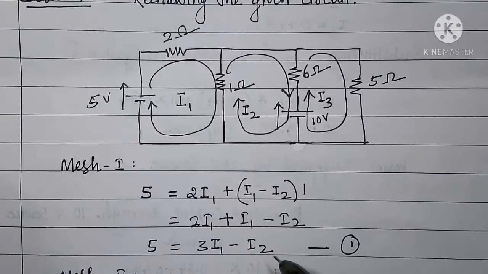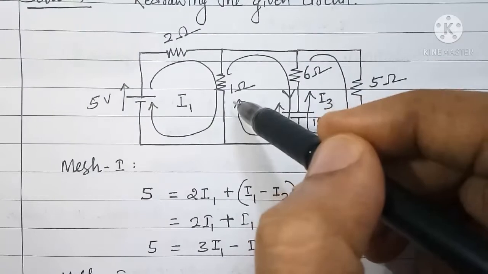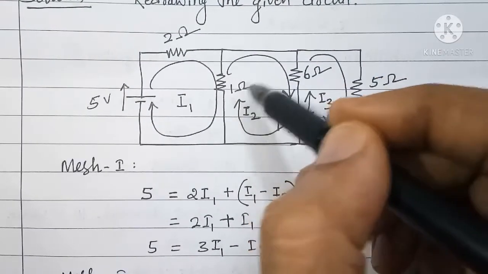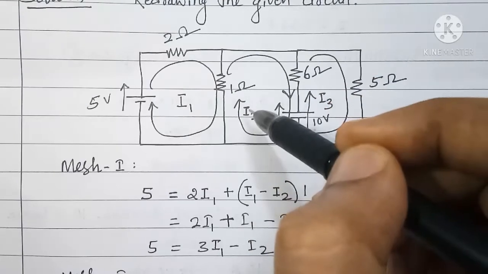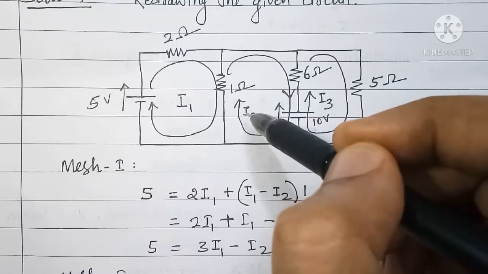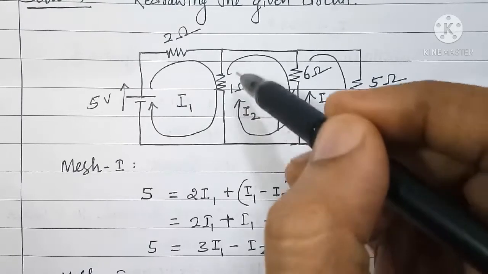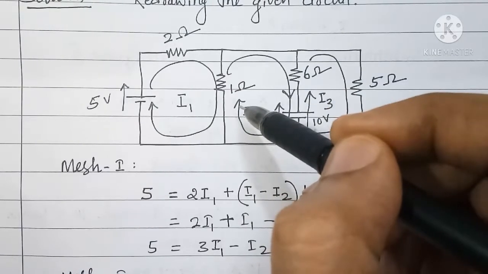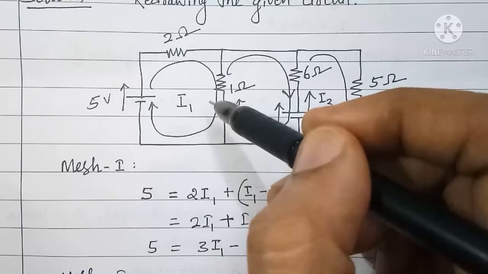Whereas minus I2 is obtained by multiplying common resistor 1 ohm with minus I2, because I2 is flowing in the common branch in the opposite direction to I1.